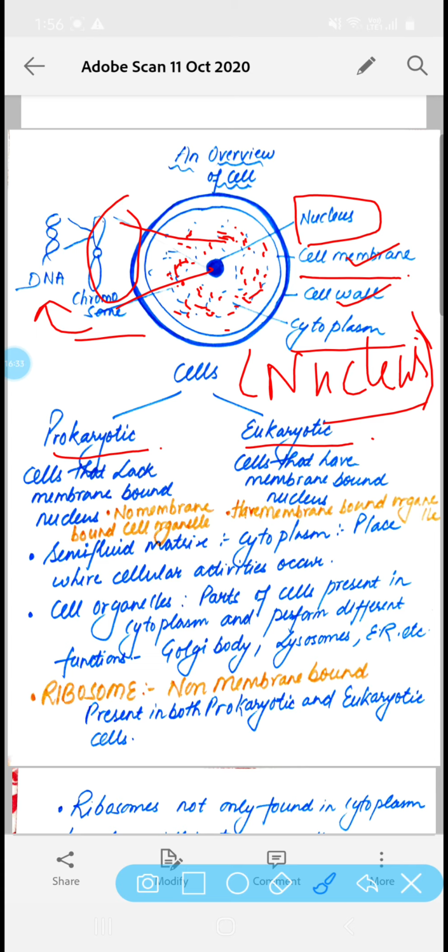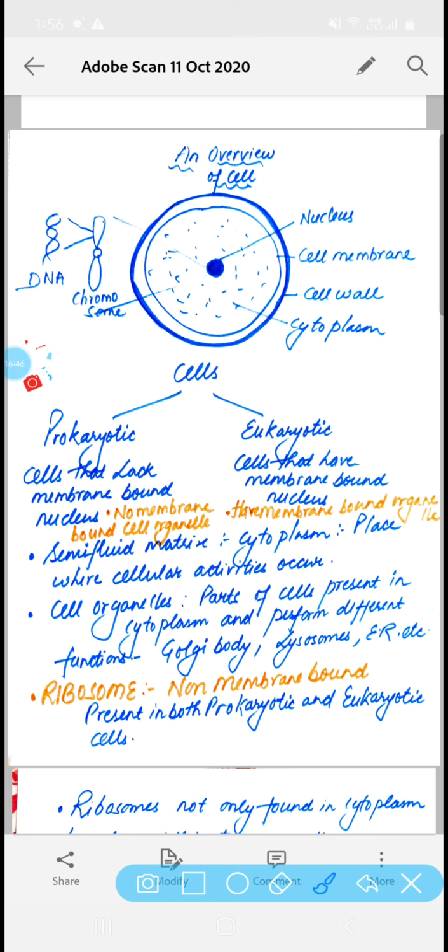I am again explaining that on the basis of the structure of the nucleus, cells are divided into prokaryotes and eukaryotes. Pro means old, karyo means nucleus, eu means modern, karyo again means nucleus. So prokaryotic means these cells have an old-fashioned nucleus, not a well developed nucleus.